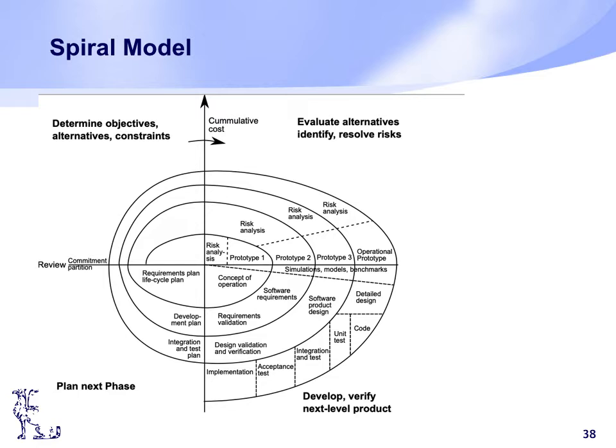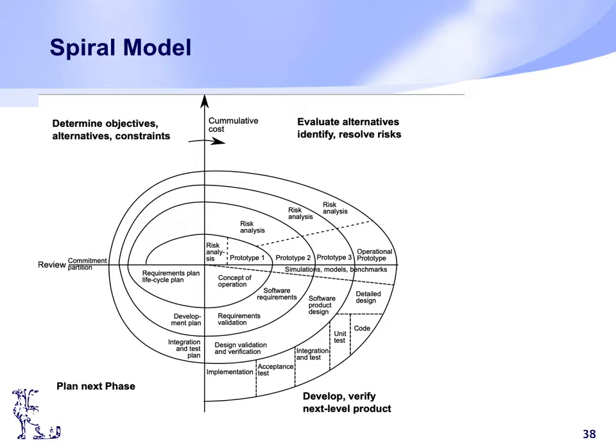So, this is the spiral model. So here you can see this spiral model is actually cyclic, and it's not linear like waterfall model or other models. It's cyclic, and each cycle of the spiral actually consists of 4 stages. You can see here the 4 stages, and each stage is represented by one quadrant of the Cartesian diagram.